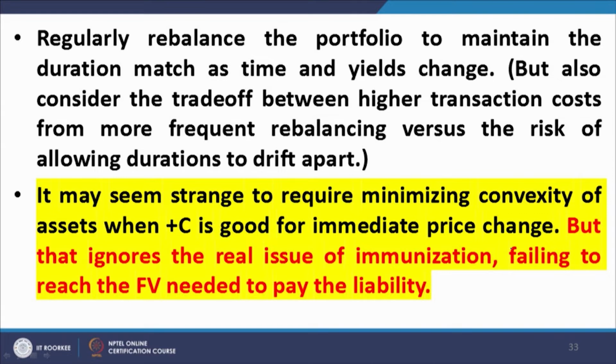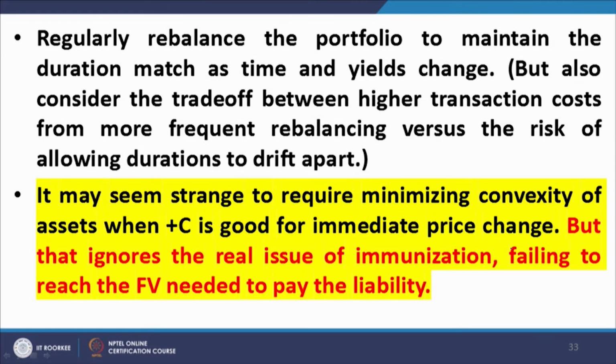Notwithstanding this, the problem is, firstly, higher convexity means higher dispersion, which means higher risk to reshaping of the yield curve. The second is that for a bond with higher convexity, market forces will operate in such a way that it would be trading at a lesser YTM. But that ignores the real issue of immunization.